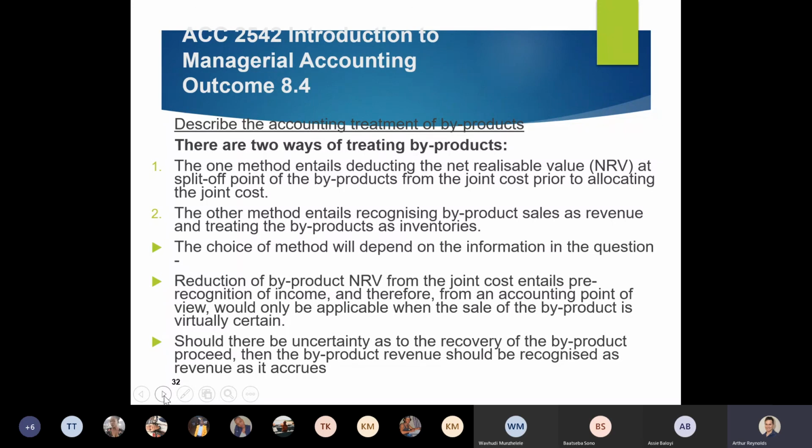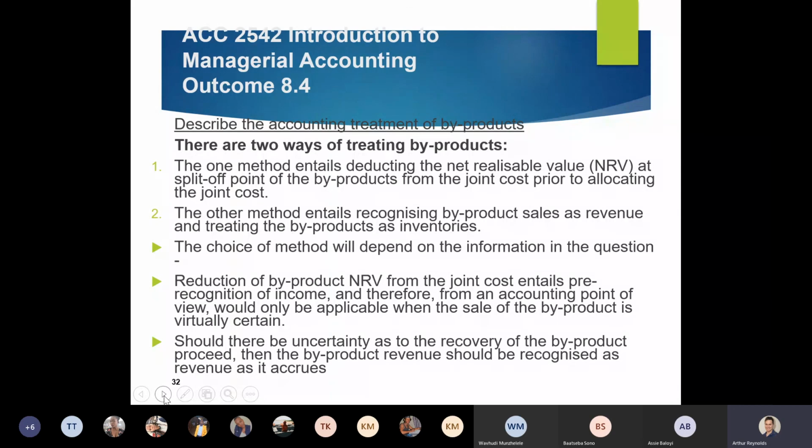Then we've got the accounting treatment of byproducts. As I mentioned before, byproducts are products that incidentally arise from a joint process. They are of a minor value. You can sell them, and they do have a value, but they're relatively minor compared to the products that you intend to manufacture. So there are two ways of dealing with this.